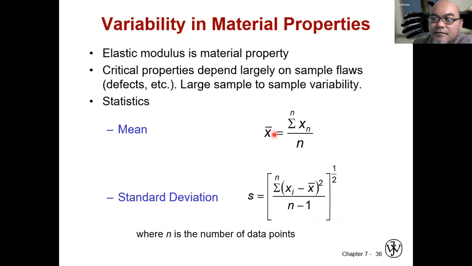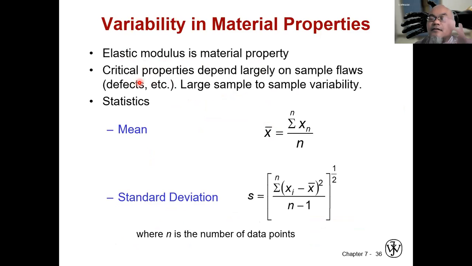So material properties often vary from one material to another. Elastic modulus and other critical properties depend largely on sample flaws, like whether there are defects or not.